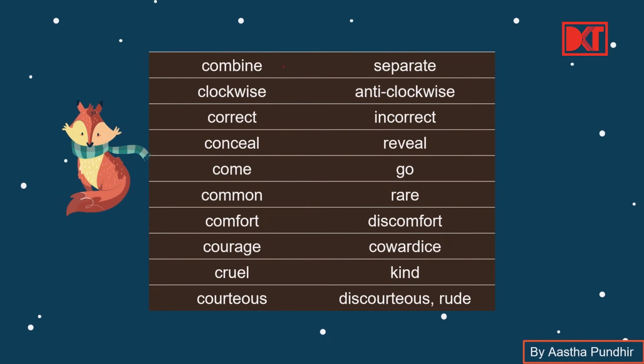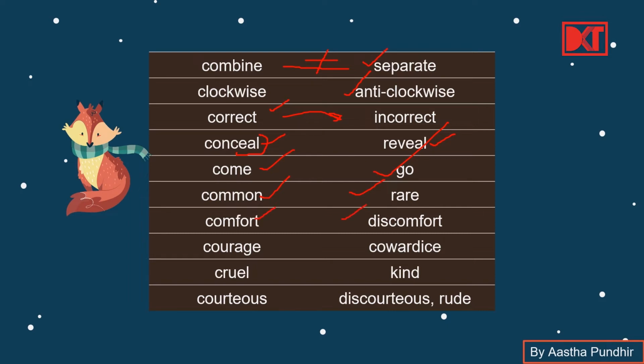Okay, so here you can see a few examples. Combine is the antonym of separate. Clockwise opposite is anti-clockwise. Correct, the antonym is incorrect. Conceal, which means to hide something. Reveal means unveil it, show it. Right, come and go. Common and rare.